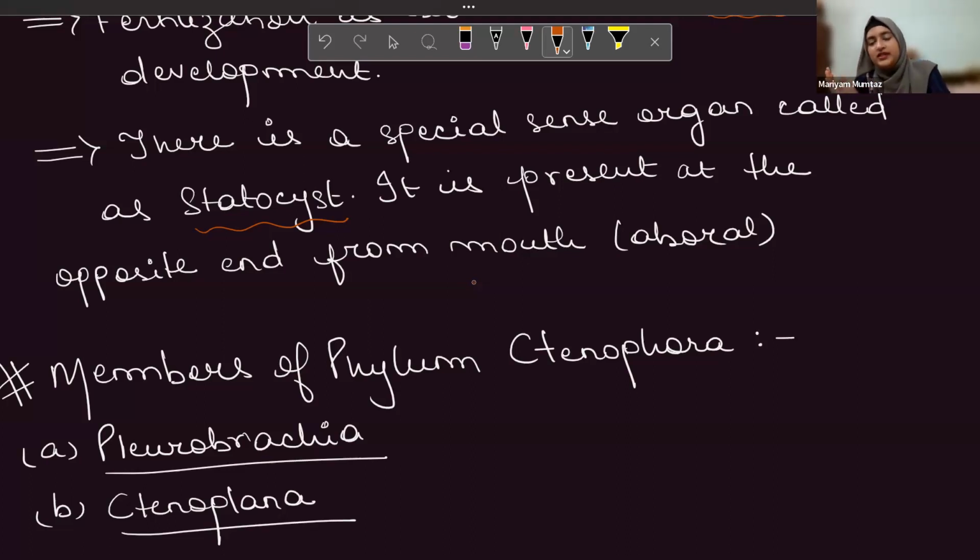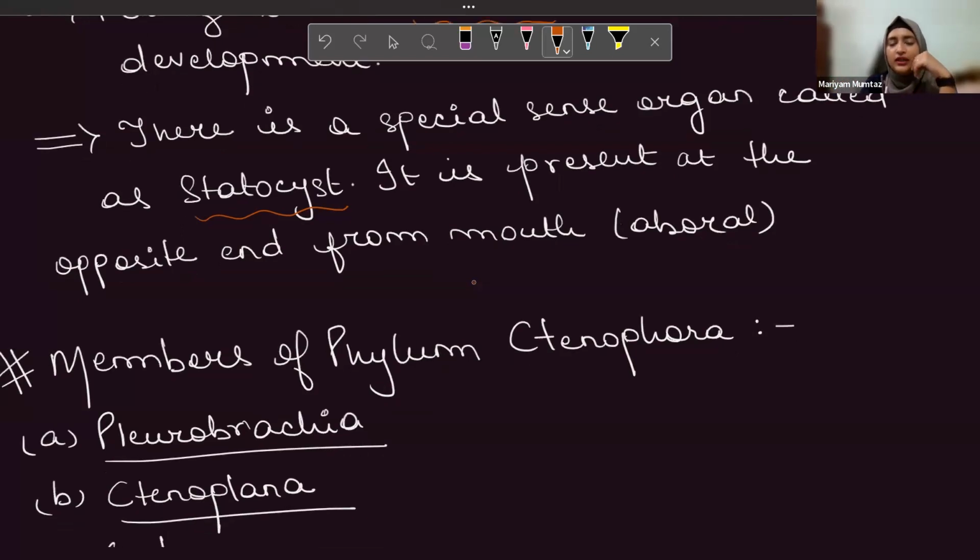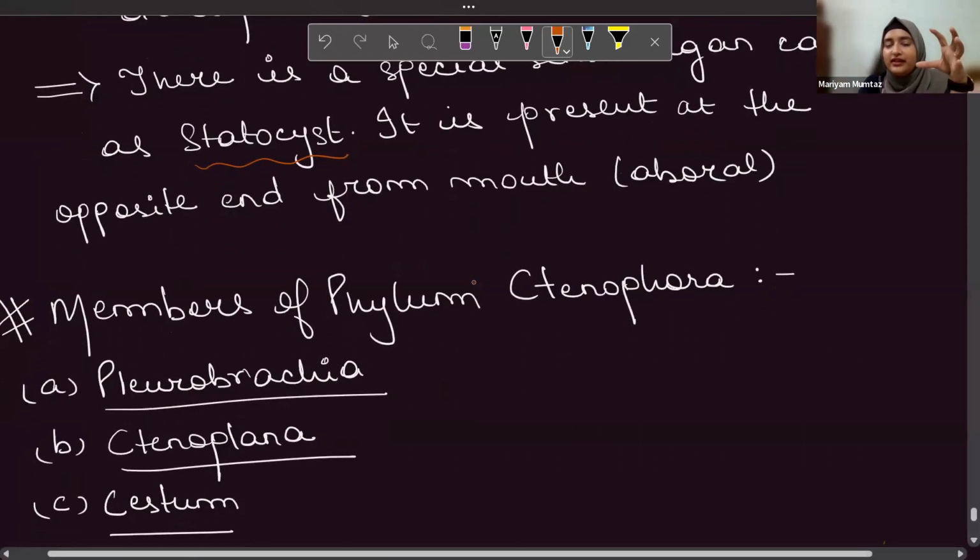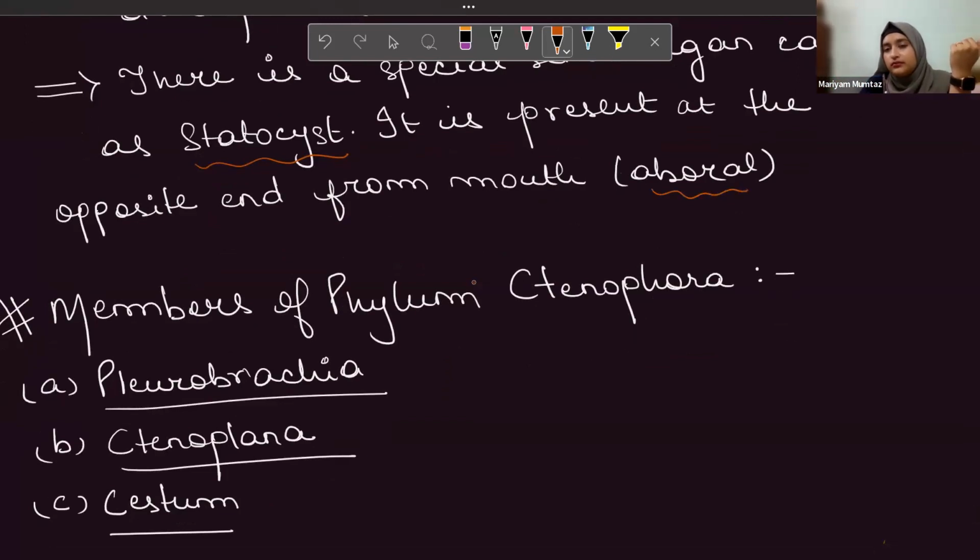If the mouth is here, then here. That place, opposite the mouth, is scientifically known as aboral. Oral, aboral. Understand? So a special sense organ is there. It is statocyst.